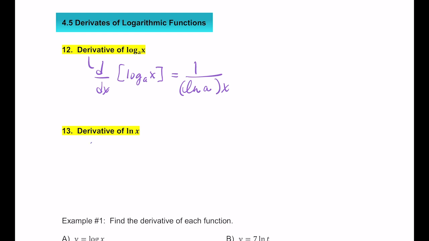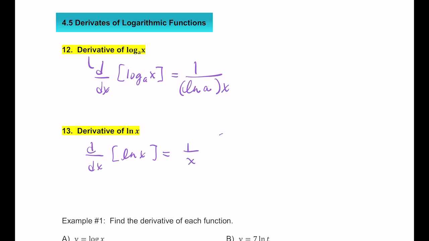So it's the reciprocal of the product of the variable and the natural log of the base. Then we have the derivative of the natural log of x. And this is just 1 over x, okay?